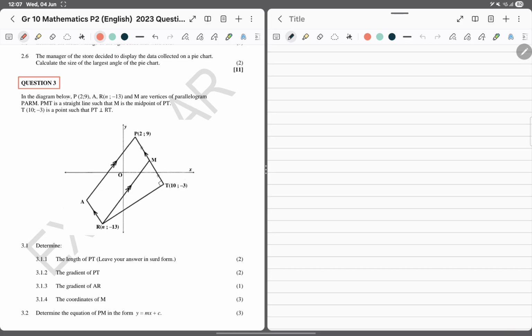So in the diagram below, what is going on? Why is this not doing the things now? I don't know why now it's not doing.